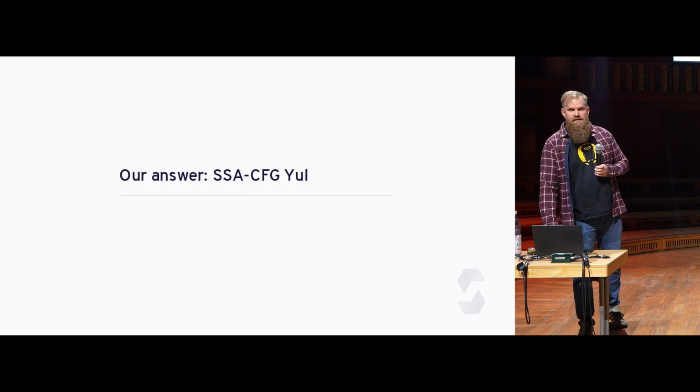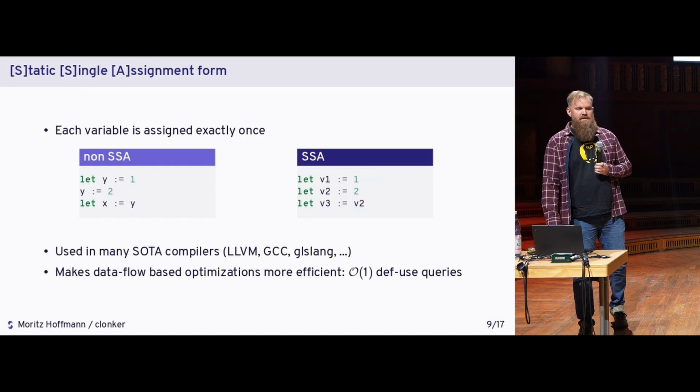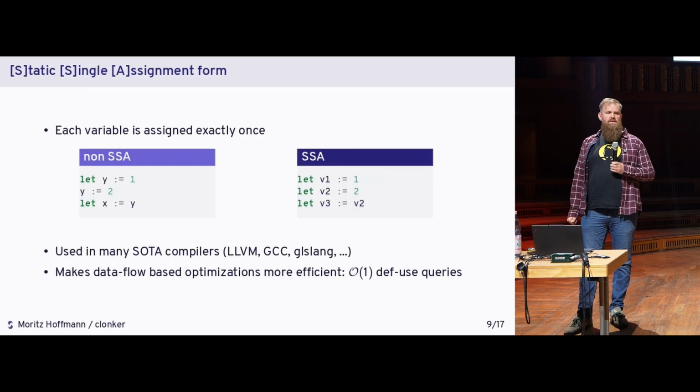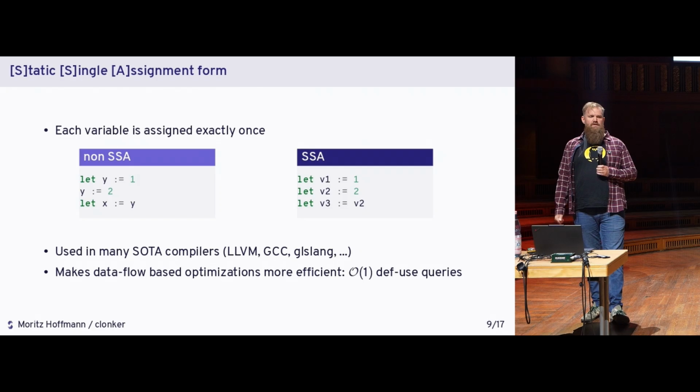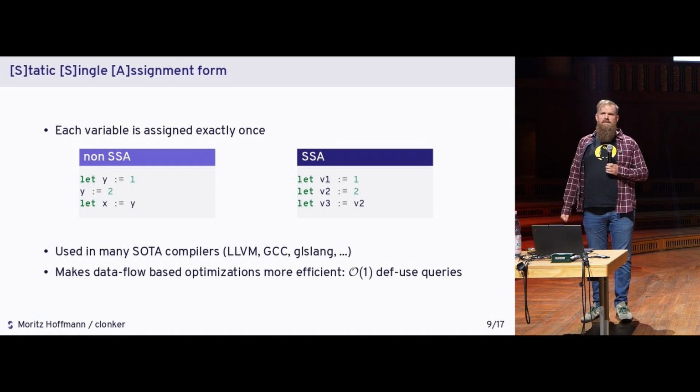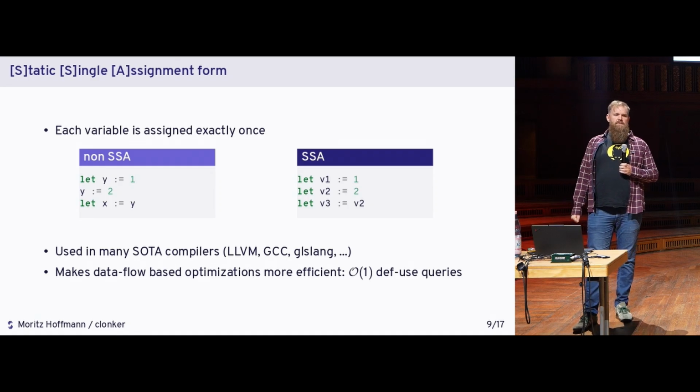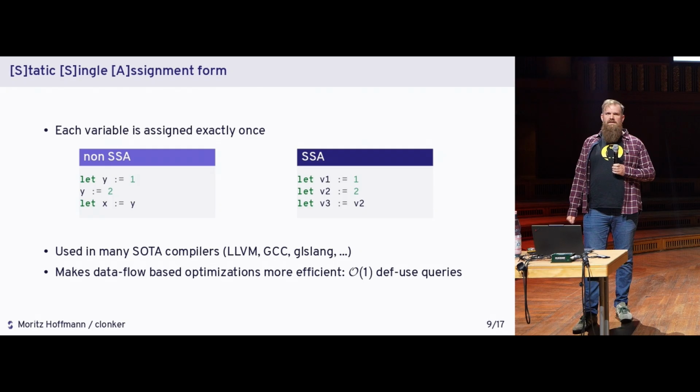And SSA and CFG are 2 nice acronyms that I want to explain a little bit. So SSA stands for Static Single Assignment form, which means I will transform a piece of code. So on the left-hand side, I have a non-SSA version, which is y equals 1, then I set y equals 2, and then I set x equals y. And I will translate that into a corresponding SSA form where each variable is assigned exactly once.